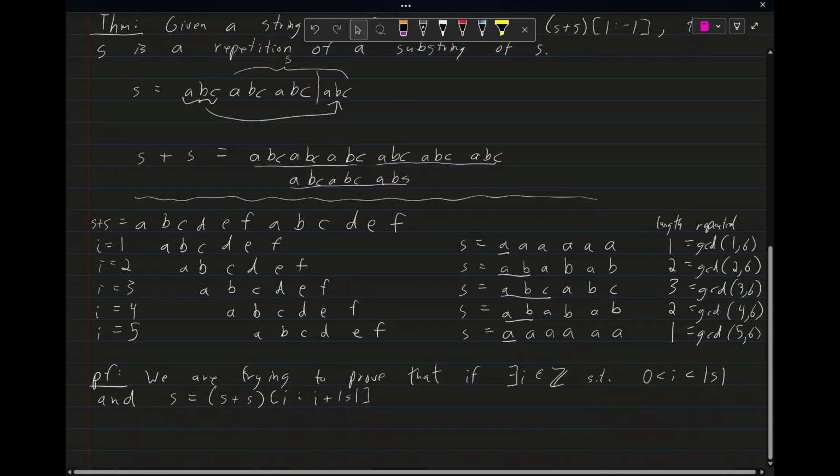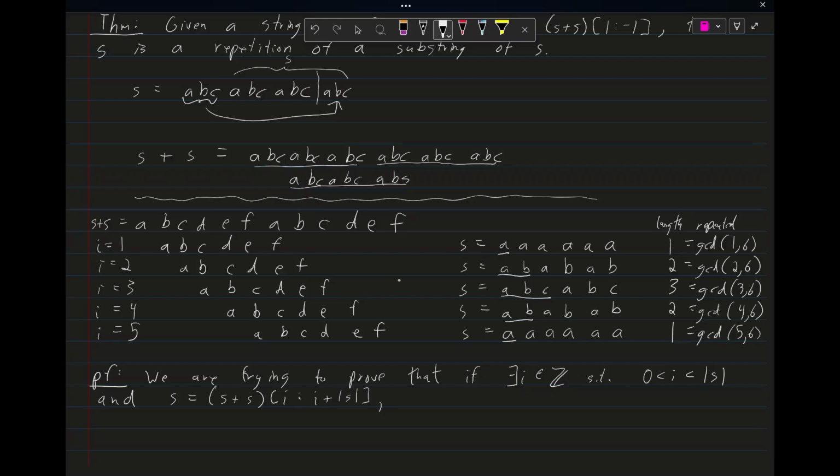Okay, so we are trying to prove that if this holds, then S is a repetition of a substring of itself. And we know that the substring has to start at the very beginning, because that's just by the definition of it being a repetition of a substring.